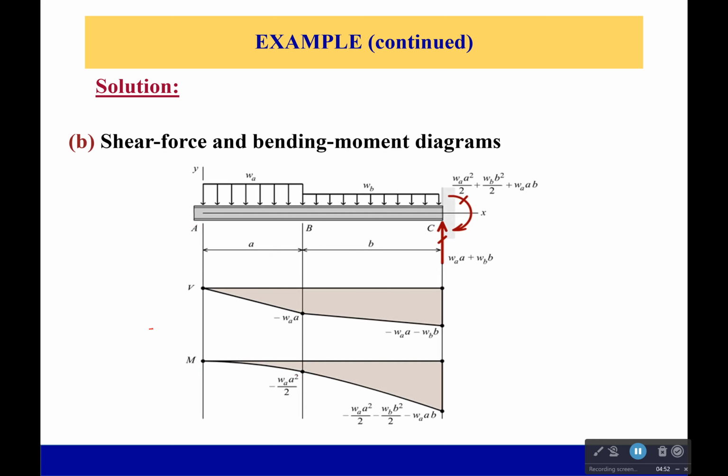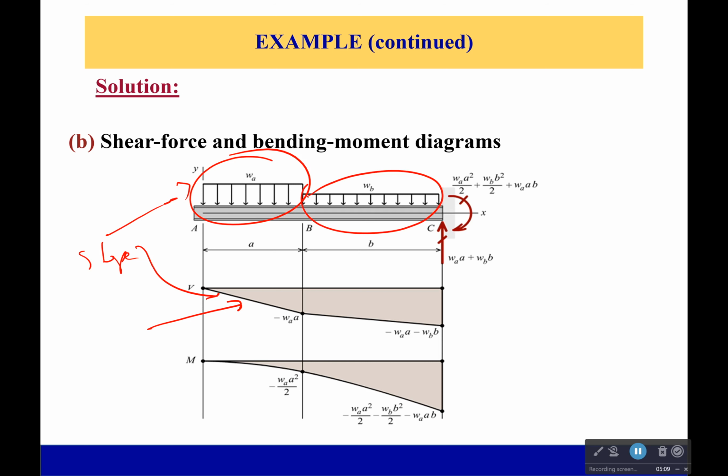Well, we see that we have a linearly decreasing shear force because we have a constant load here. And this is the slope. Slope is constant. As we get to the second section, we have a smaller magnitude. At least it's visually smaller, though technically we can change the numbers and make it bigger. And so we have a smaller slope, but it's still negative.